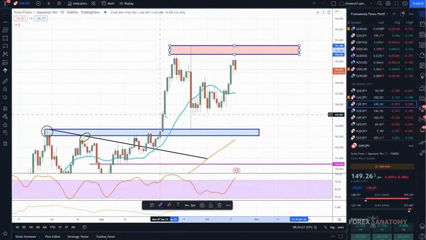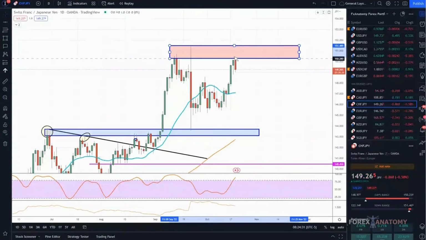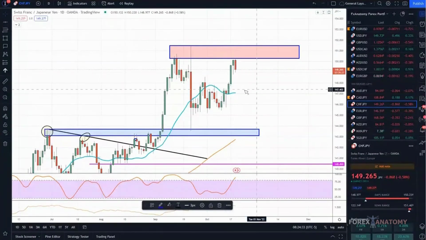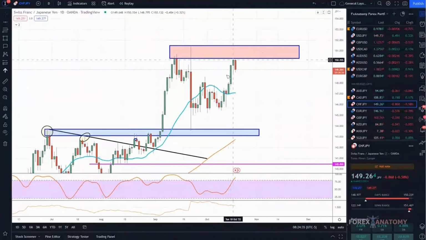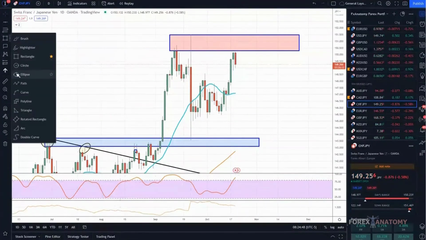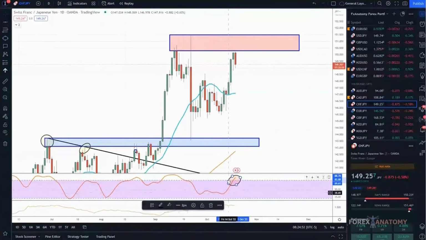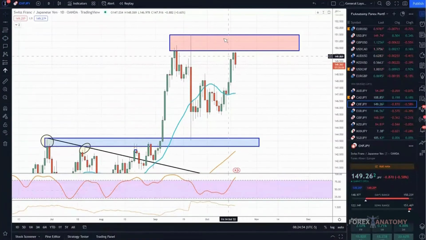So we can ignore that, and pay more attention to price testing these areas right here, which right now we can see that price is testing daily supply or daily structural resistance, however you want to say it. But we see that price is testing this area of supply, and stochastics is overbought at the same time. You can see that stochastic is overbought. That should tell you something about this move.